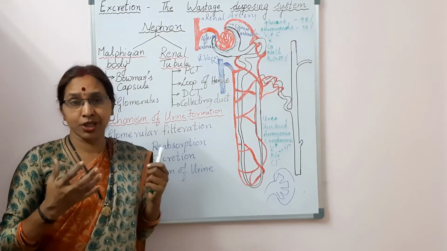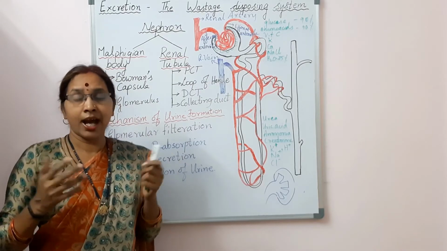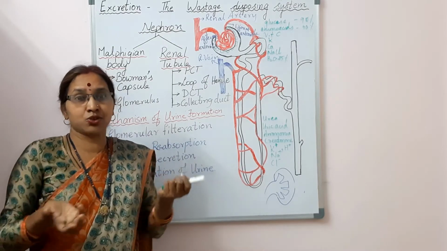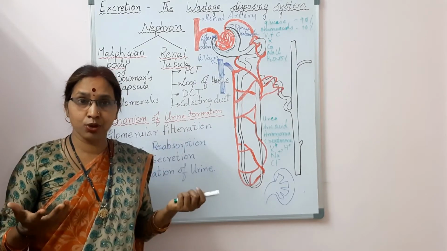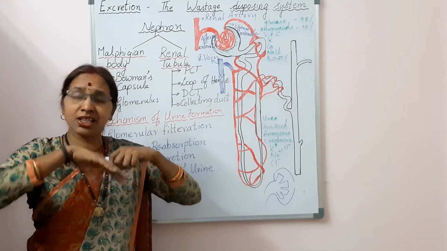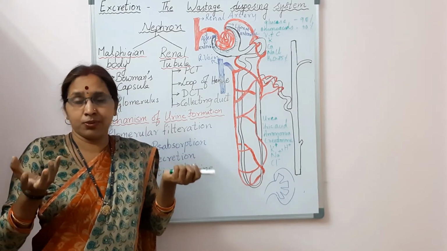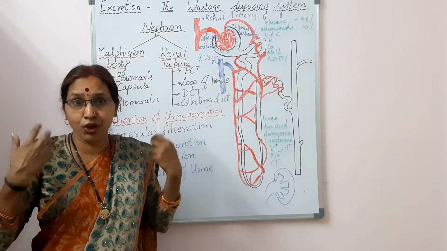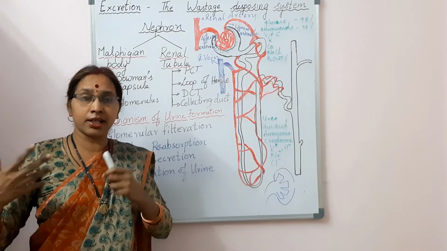Imagine if this primary urine is excreted from our body in the same way, what will happen? We have taken so much pain to take in food, and then the food gets digested, and amino acids and glucose are produced. Imagine if all this glucose, our hard-earned food, gets removed or discarded from our body.